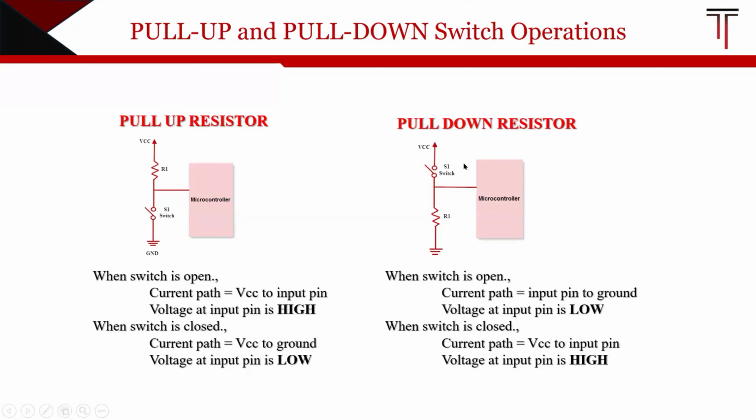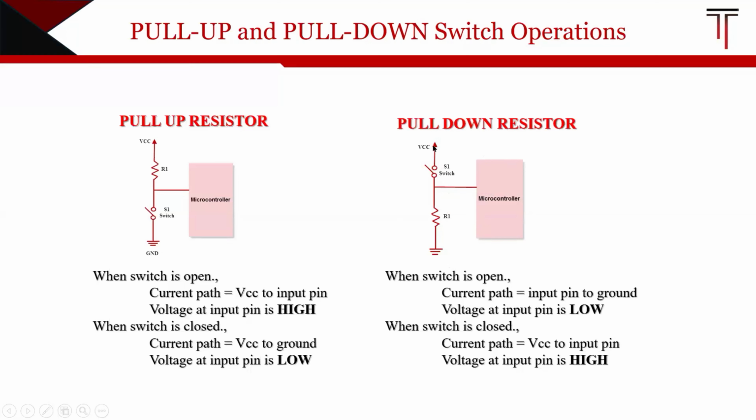Now the pull down resistor. A pull down resistor connects the input of the microcontroller to the ground, ensuring the input reads low when the switch is open. When the switch is open, the VCC will not go to the microcontroller. If the switch is closed, the VCC voltage will directly go to the microcontroller.